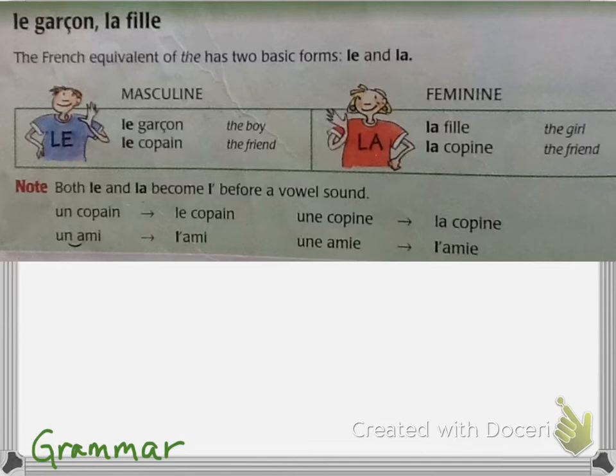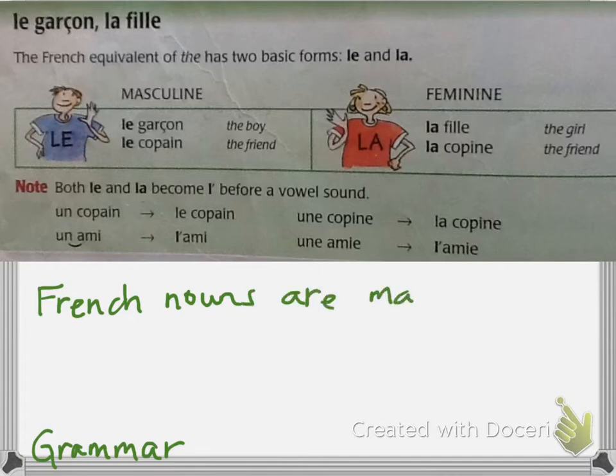So again, this comes from that idea that French nouns are masculine or feminine. And so, as a result, their articles, which le and la are an example of, have to agree. So again, we see the feminine ones use la and the masculine ones use le.